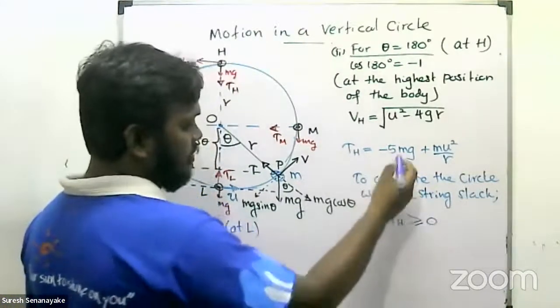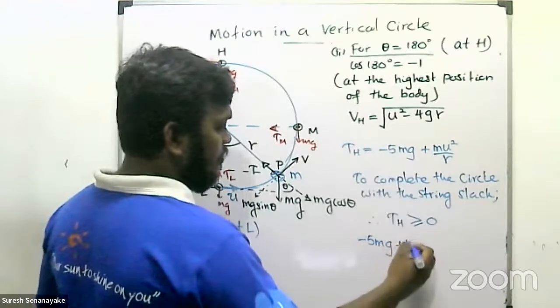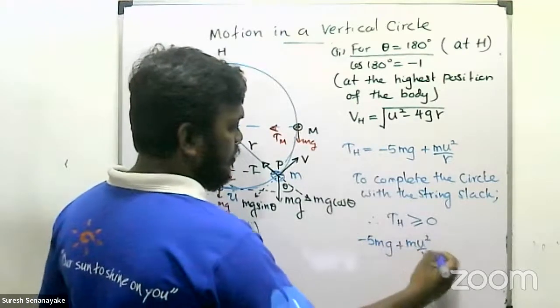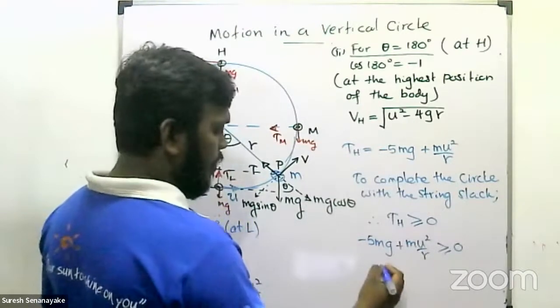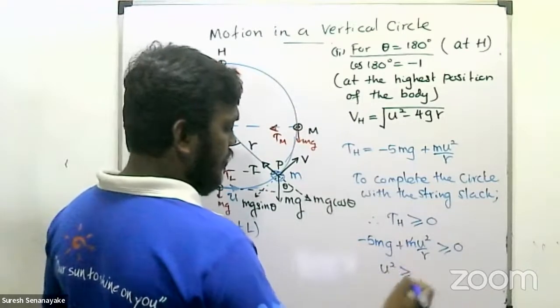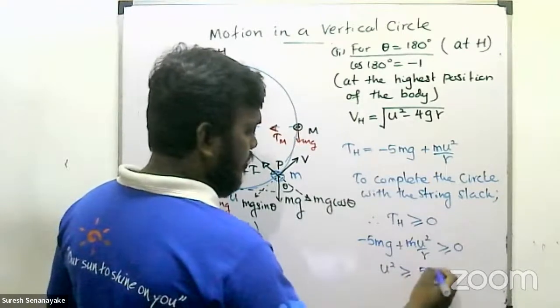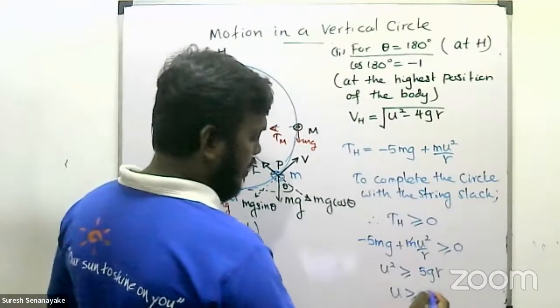So you can write this TH as minus 5 mg plus m u squared over r, greater than or equal to 0. So m cancels, and u squared is greater than or equal to 5gr. And then u should be greater than or equal to the square root of 5gr.